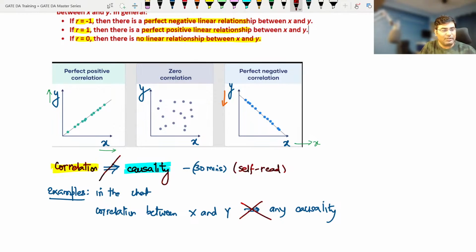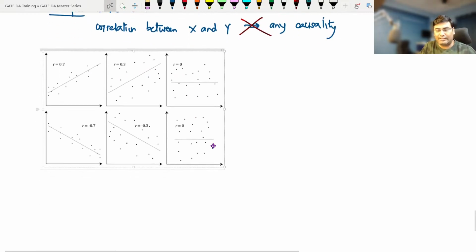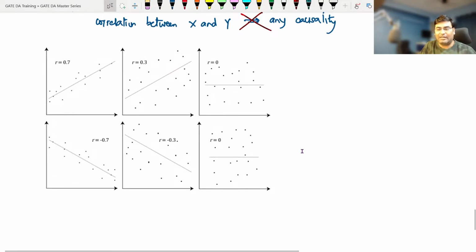Now I can show you a bouquet of examples. I'm taking one more good screenshot, guys. You have seen 100% positive and -1, but look at this. There can be a strong positive correlation, r equal to 0.7. It's not 100%, which is perfect, but you can see that it shows you a graph. And GATE generally, I expect, will ask a question on strong positive correlation.